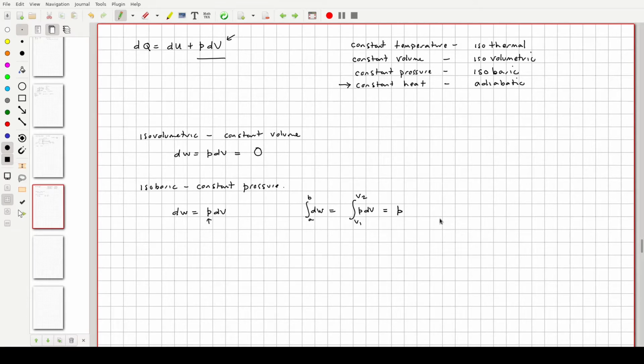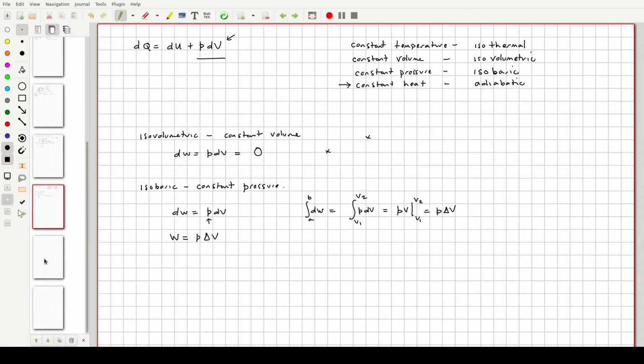The P comes out, and this ends up being V evaluated from V1 to V2, whatever my volume is at the beginning to whatever it is at the end. And that's just P times the change in volume. Okay? So in an isobaric situation, the total work done taking a gas from point A to point B is just P times delta V. So that's pretty easy to deal with.